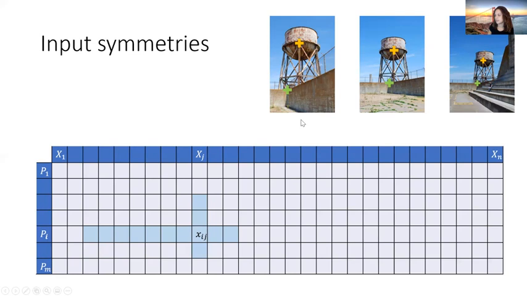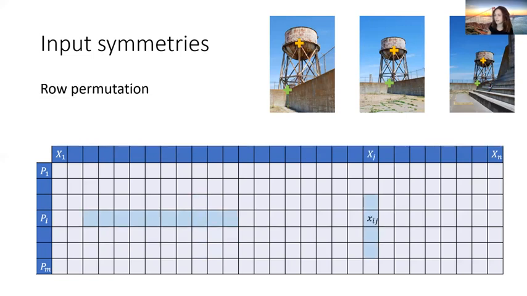So what symmetries do we have here? First we have the column permutation symmetry, meaning if I put the 3D point here or here, I have the exact same result. And I also have a row permutation symmetry. I can switch rows and it describes the same problem.